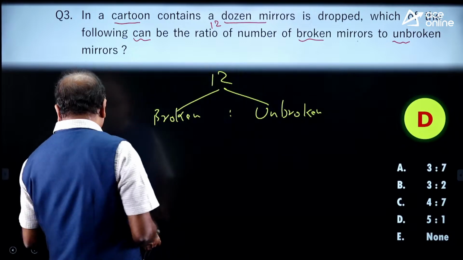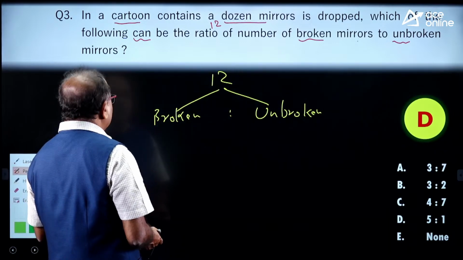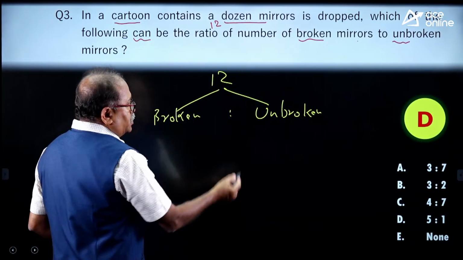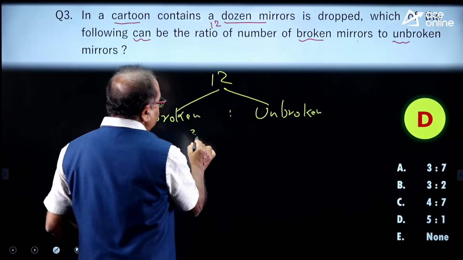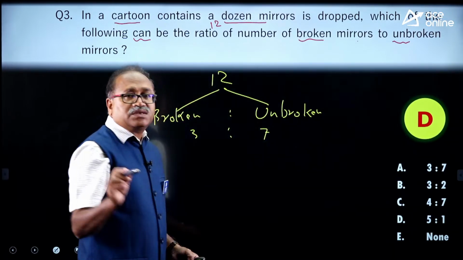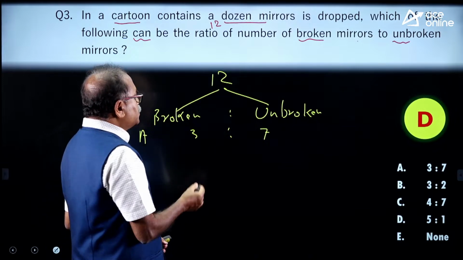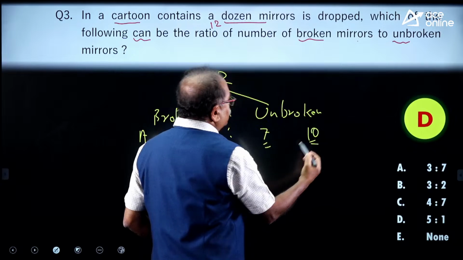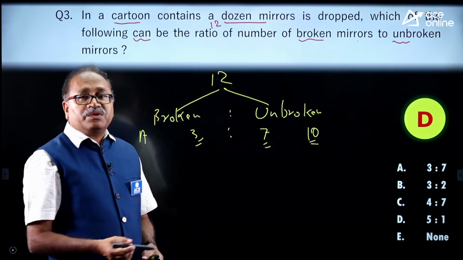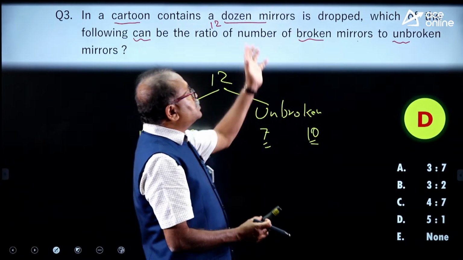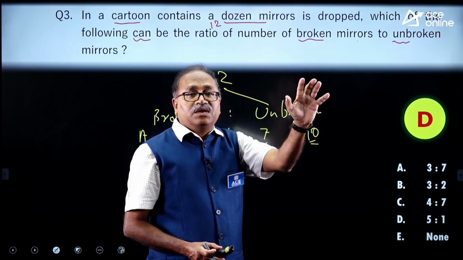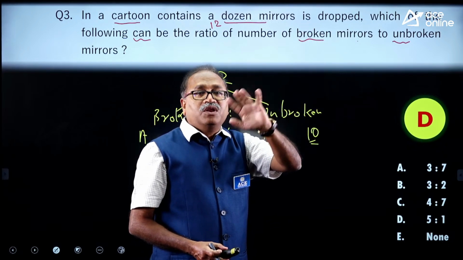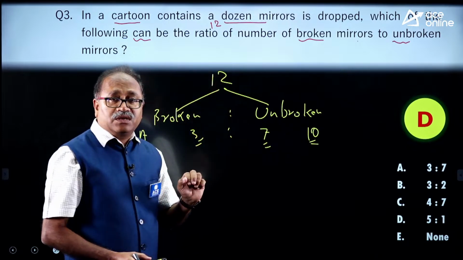Now, how do I find out which one can be the ratio? So, what is option A? Option A says 3:7. So, it's an option verification. That means the total parts will be 3 plus 7, that is 10 parts, and 12 is not divisible by 10, because the number of mirrors will be an integer, not a decimal. Here 12 mirrors are there.